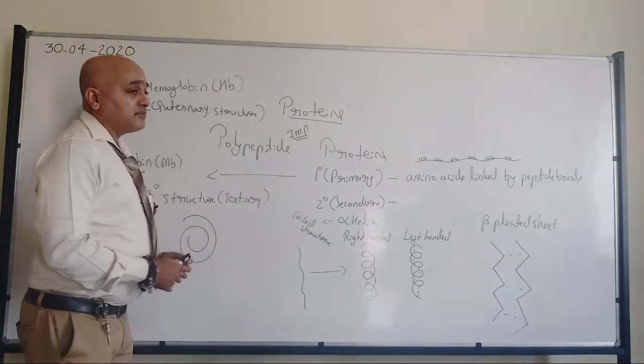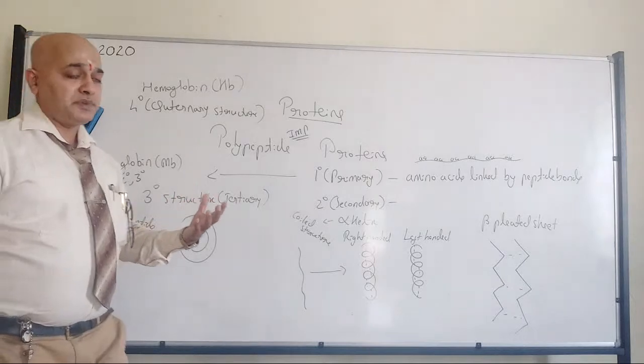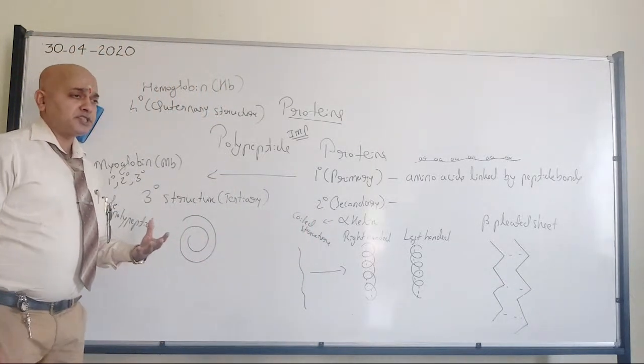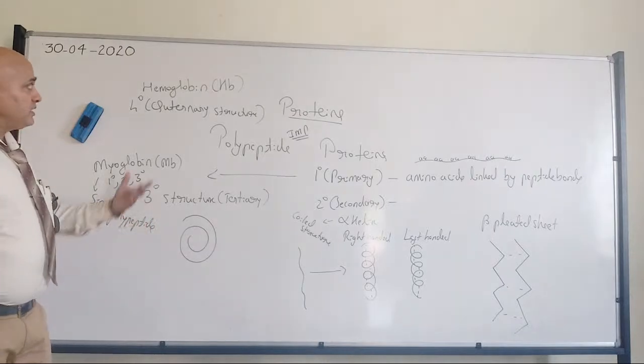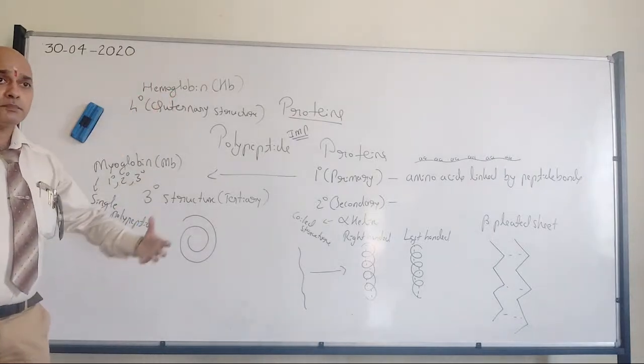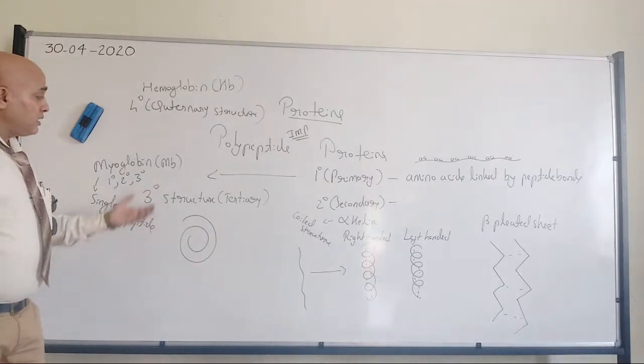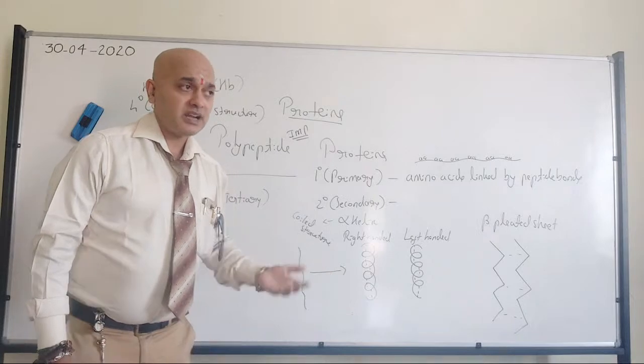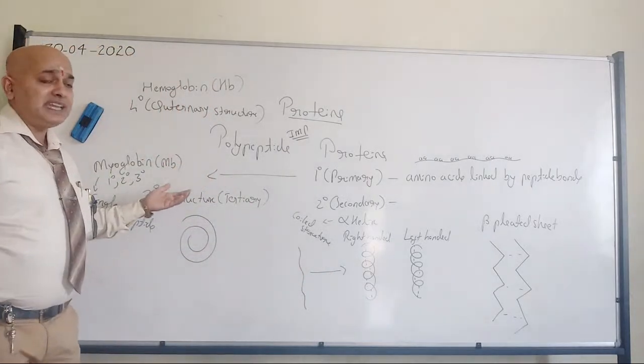Heme stands for blood. Globin, once again, is the shape of the protein, globular shape. So hemoglobin is a globular protein present in the blood. Myoglobin is a globular protein present in the muscles, right? So both are involved in binding to oxygen.